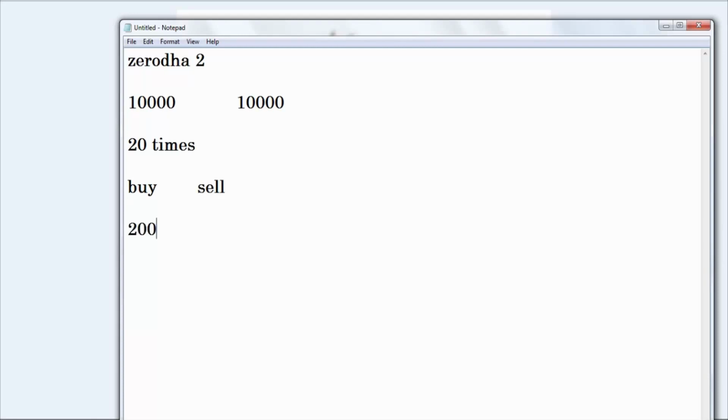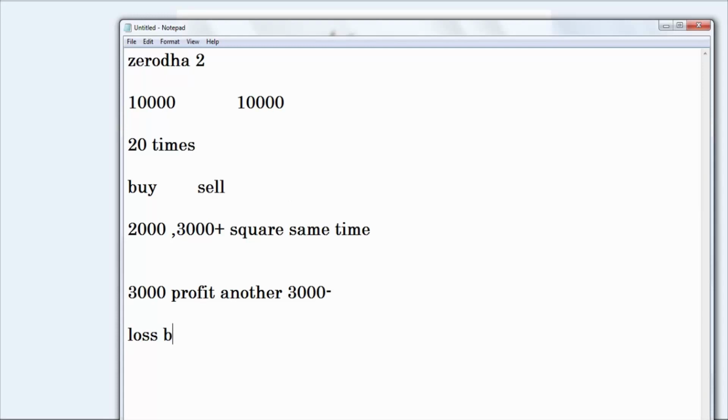So when any of these stocks comes to 200 or 2000 or 3000 profit, I just square off both accounts at the same time. So one account I got 3000 profit, and in the other account 3000 minus.